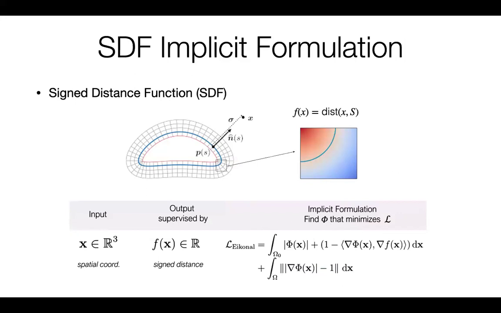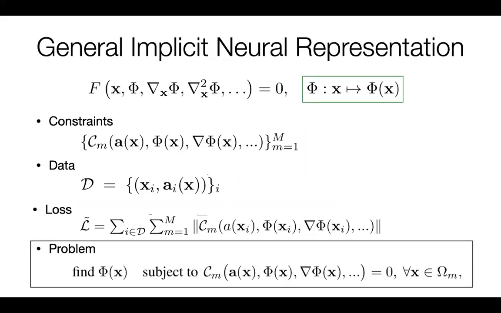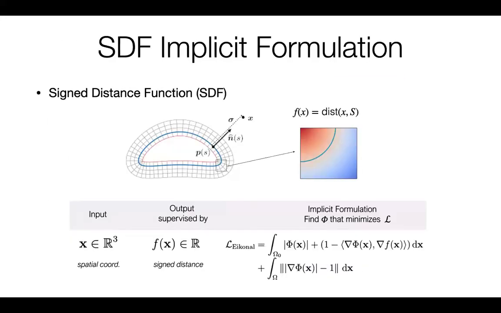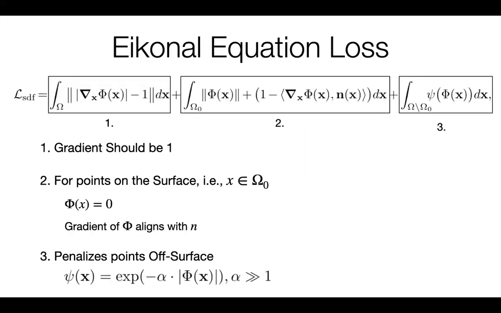The output is going to be supervised by the value of the function, which is the signed distance. And this is subject to the fact that we want the signed distance to satisfy the eikonal equation. And so our loss is this eikonal equation loss that has 3 terms.